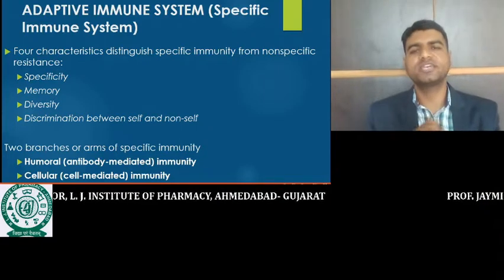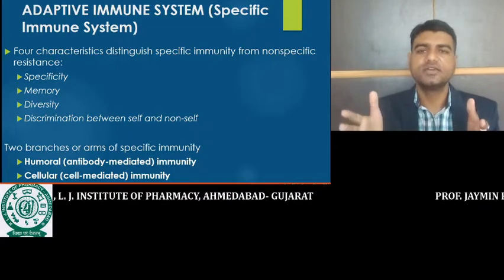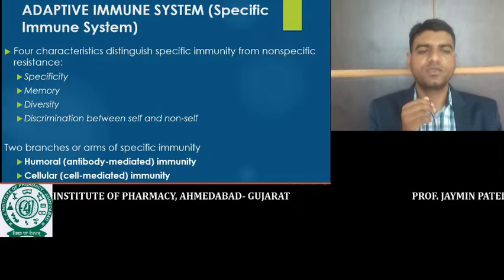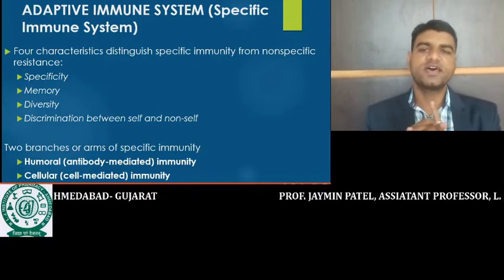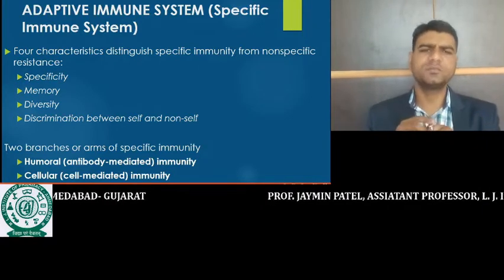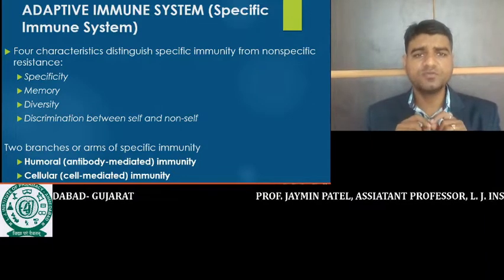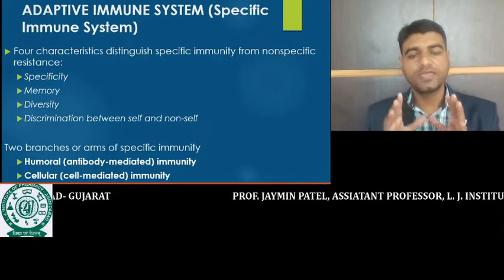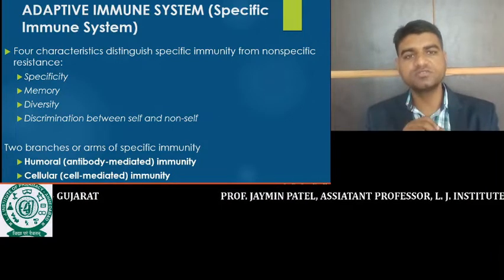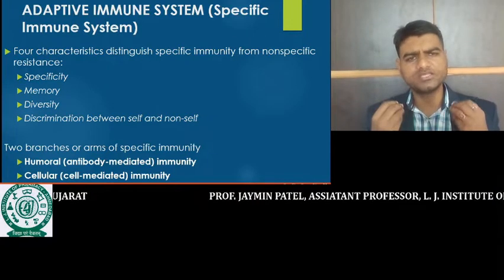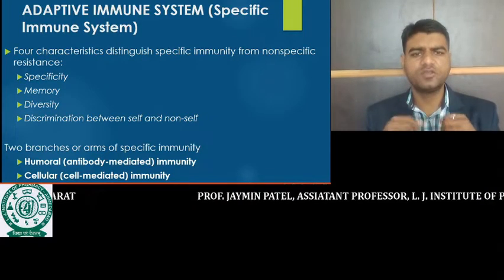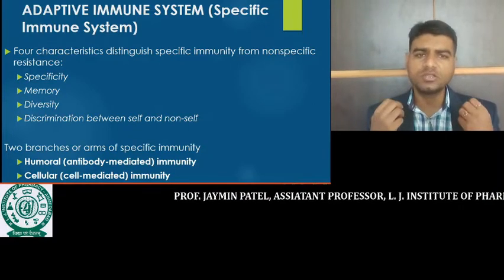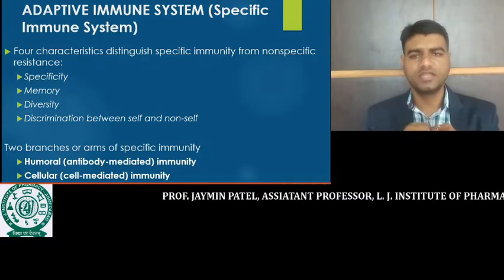There are 4 main characteristics that differentiate the adaptive, specific immune system from the non-specific one. First is specificity. The specific immune system is specific for a specific bacterium. The innate immune system is not specific; it is effective over all microorganisms, bacteria and viruses, anything that can cause disease and is harmful to the body.